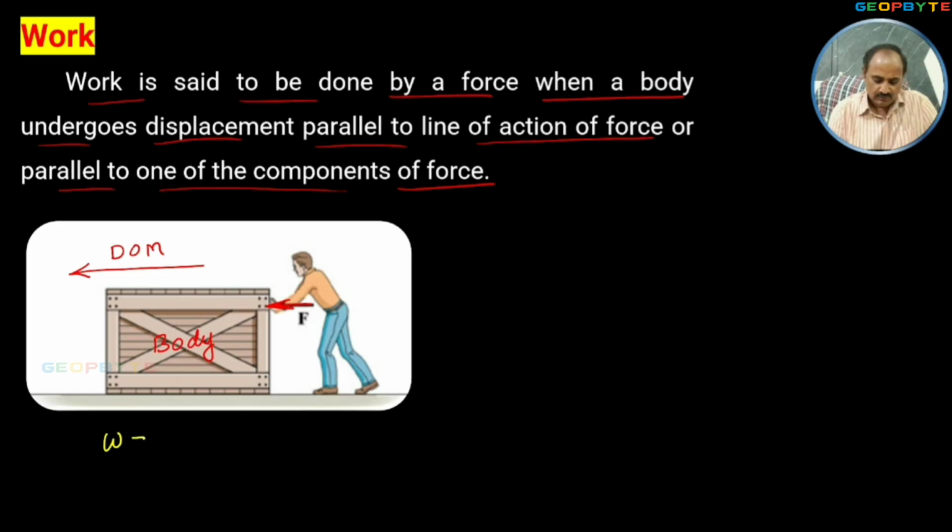Here, work equals the force F bar dot displacement S bar. If I assume the displacement is D, I can also write F bar dot D bar. That is the general formula for finding the work in physics. Why it is written as a dot product, I'll explain to you, please wait.